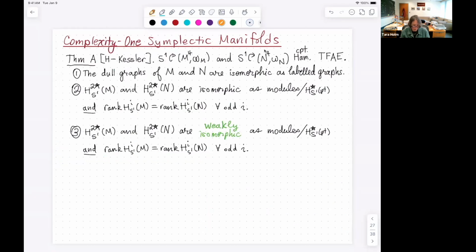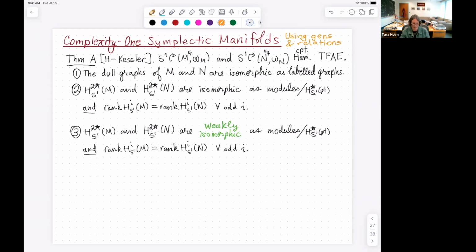And we were quite explicit in what we proved. So this is using generators and relations.